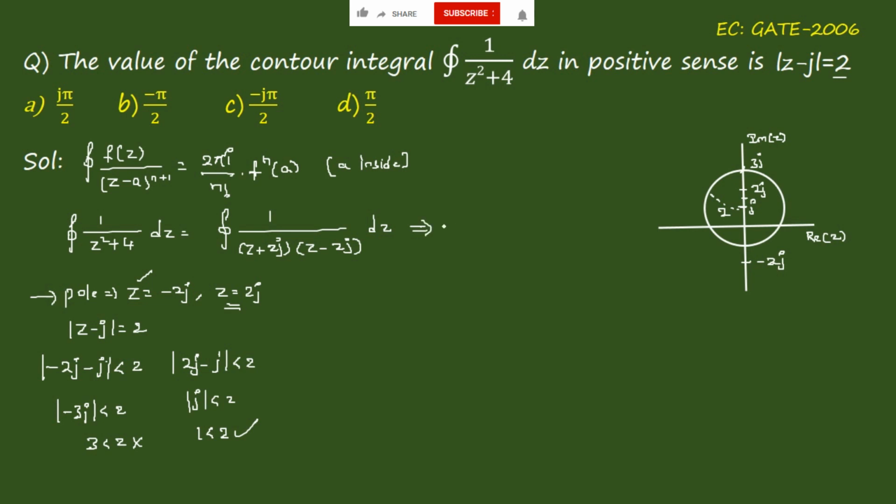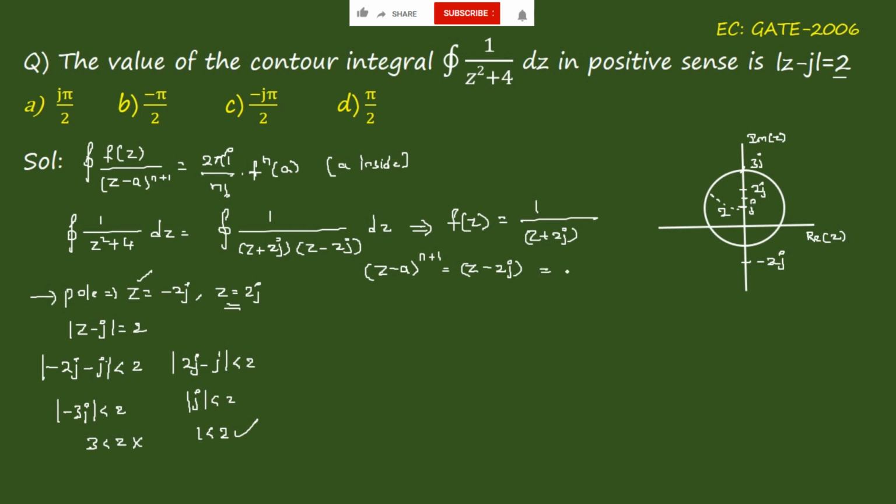Cauchy's integral formula. We know that f of z becomes nothing but 1 by z plus 2j, right? And z minus a whole power n plus 1 is equal to z minus 2j, right?